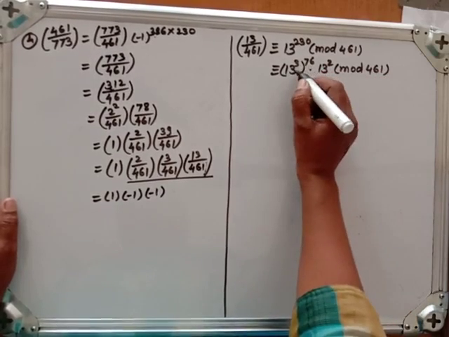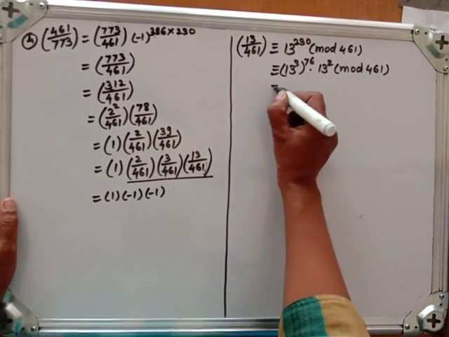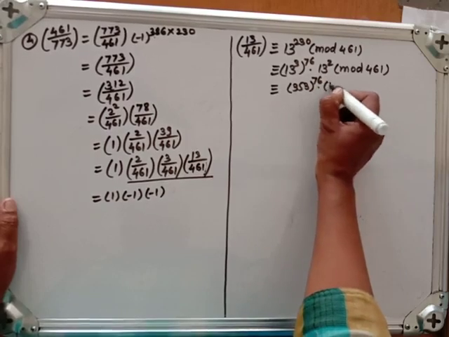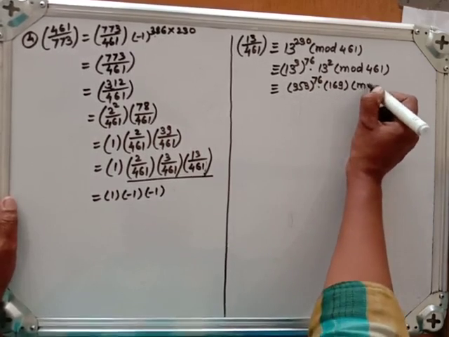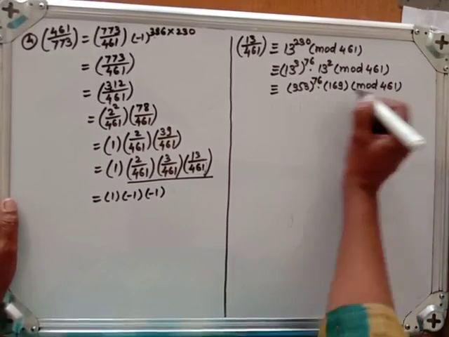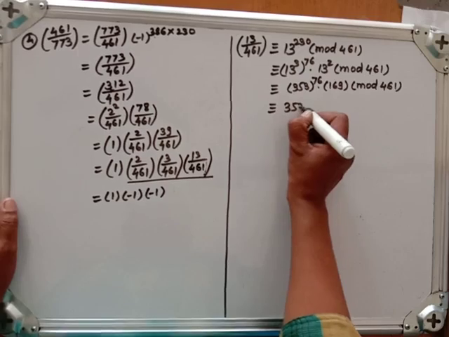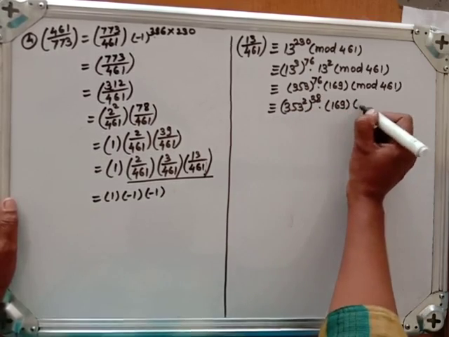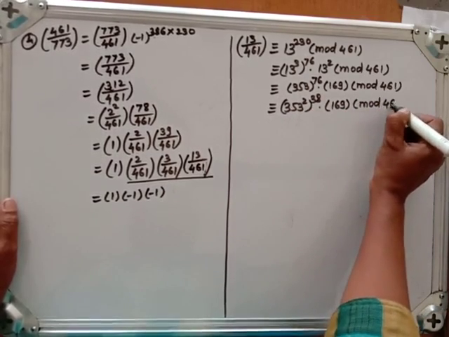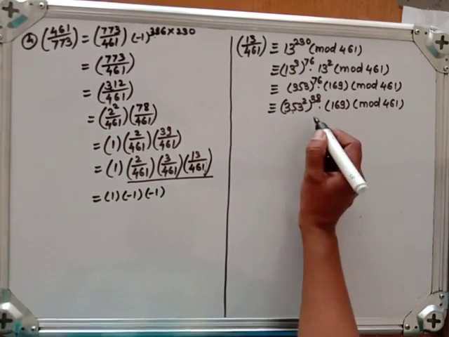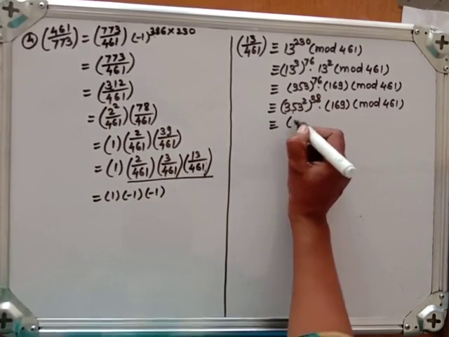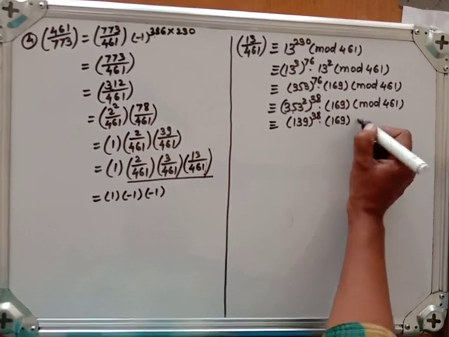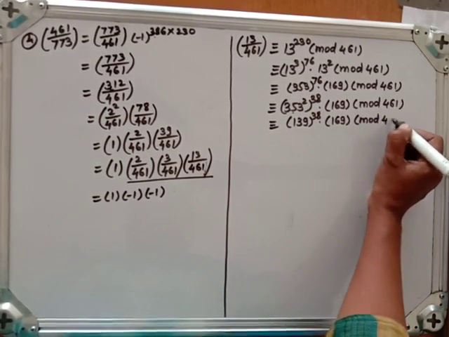461. 13 cube modulo 461 will be 353 raised to 76 into this is 169 modulo 461. Now this is 353 square raised to 38 into 169 modulo 461, and 353 square modulo 461 is 139 raised to 38 into 169 modulo 461.